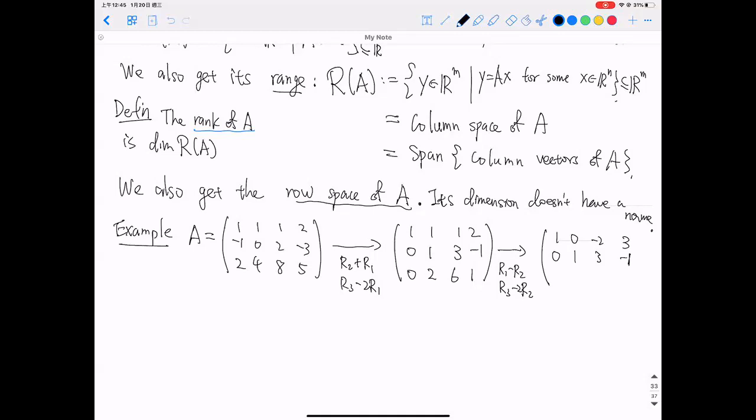R3 minus 2 R2: 0 here, 2 minus 2, 0. 3, 6 minus 6, 0. 1 minus negative 2, 3. Okay. So now we should do 1/3 of R3.